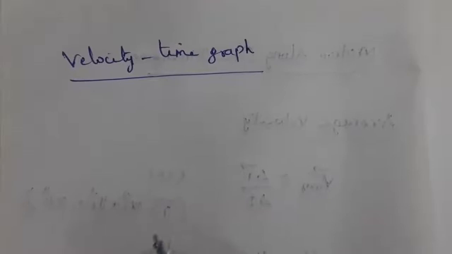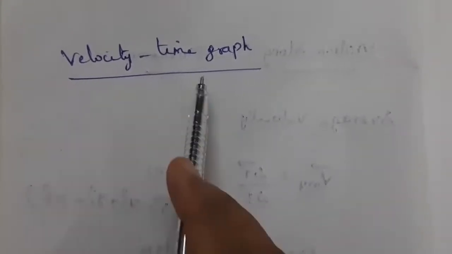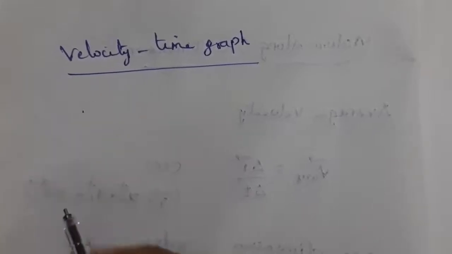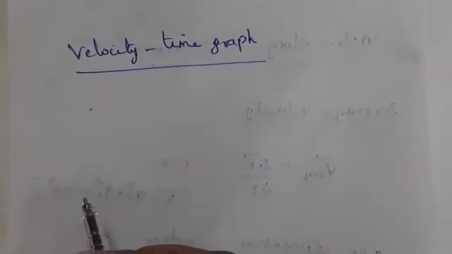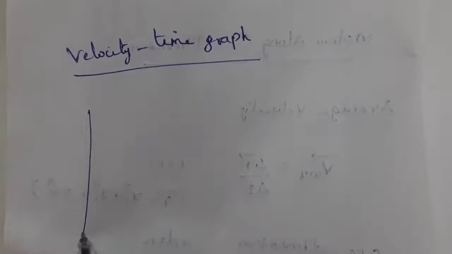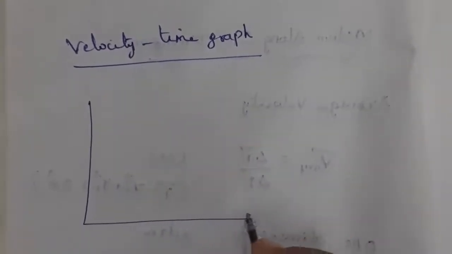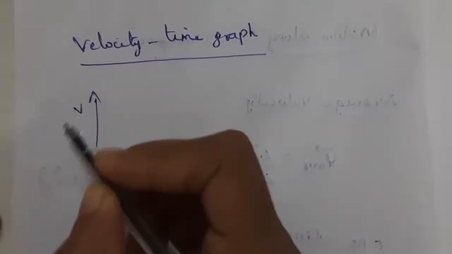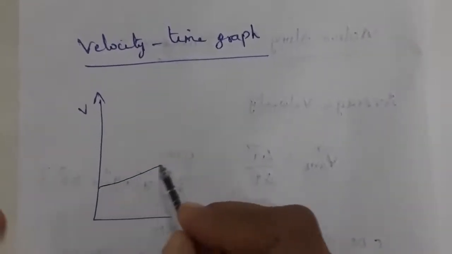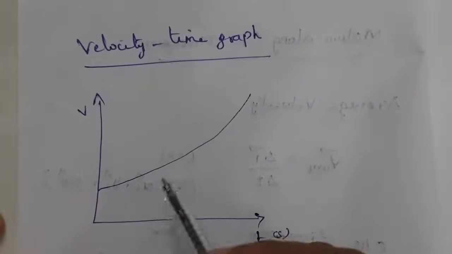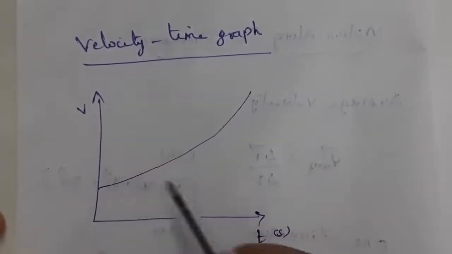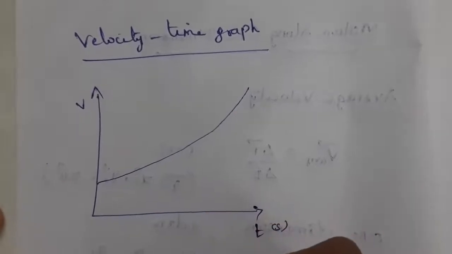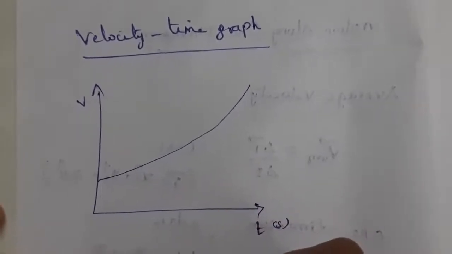At the same time, if a velocity time graph is given, how can we obtain the distance or displacement? Suppose this is the velocity time graph. This is time taken along the x-axis, velocity is taken along the y-axis. Suppose the graph is like this. So when the velocity time graph is there, how can we obtain the distance or displacement?